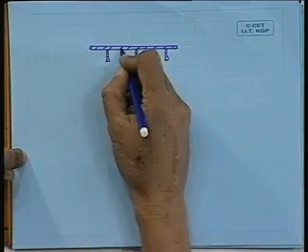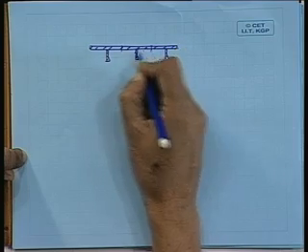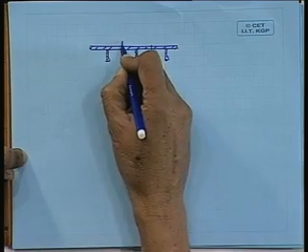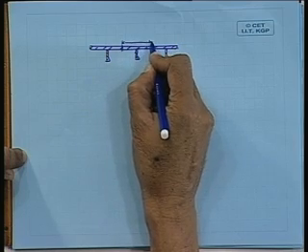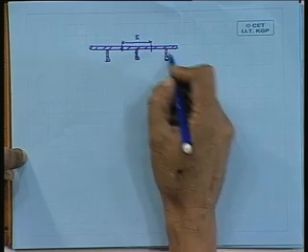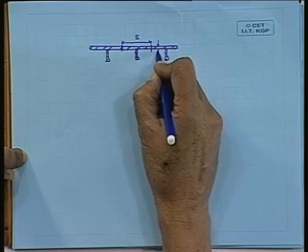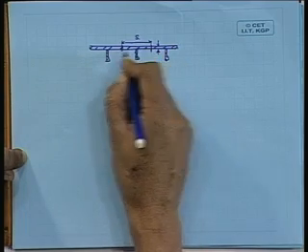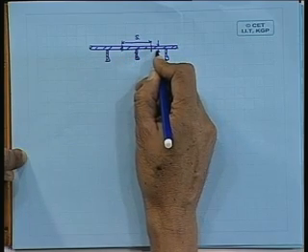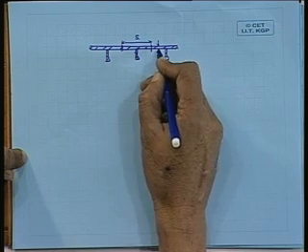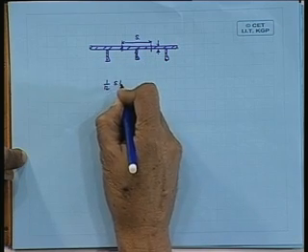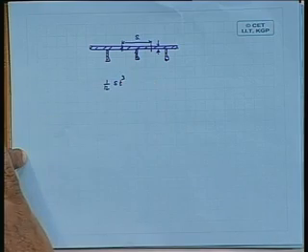Now, let me assume once again, this is the strip I am considering, and if this is your S, this is your T, then the moment of inertia of this plate will be 1 by 12 S into T cube.